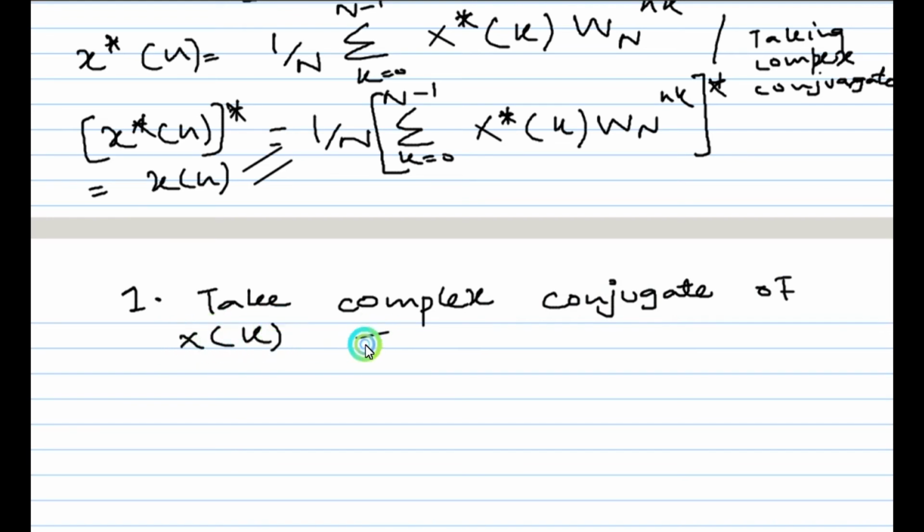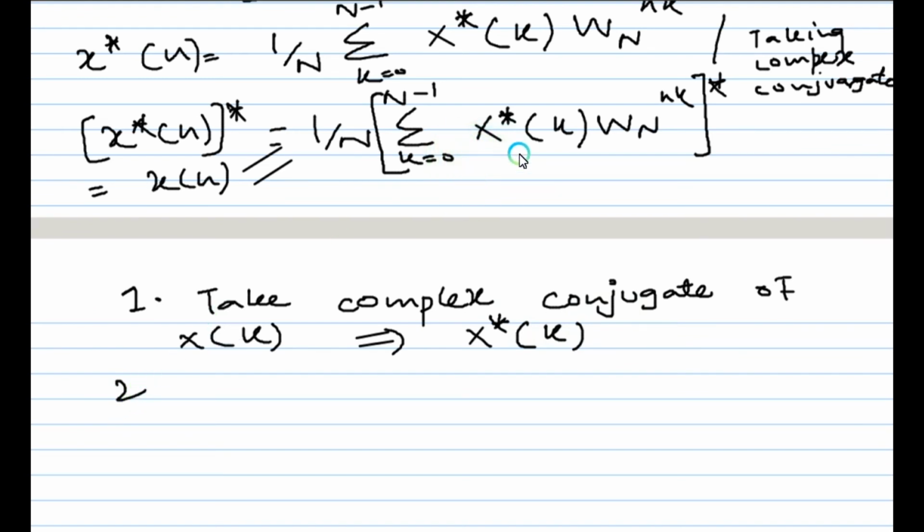So basically I will be getting x conjugate k, fine.